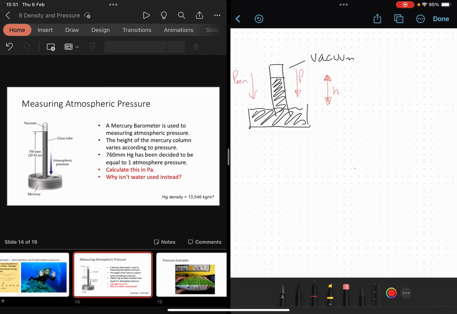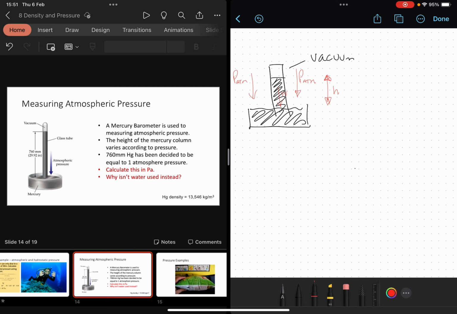And that means that when gravity acts on the weight of the mercury in the column, those two forces are able to counteract each other. And so as the pressure of the atmosphere changes, the weight and therefore height of mercury that's able to be supported also changes.